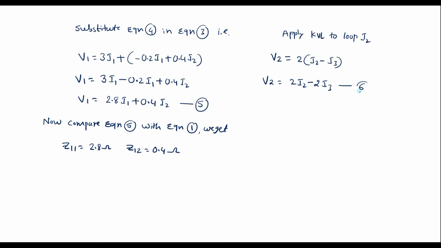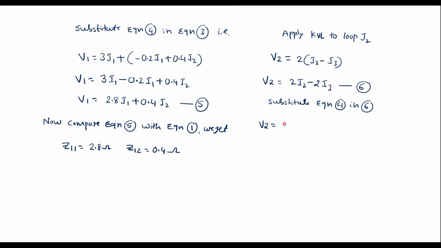We'll call it equation number 6. So now substitute equation 4 in equation 6, that is for the I3 value.